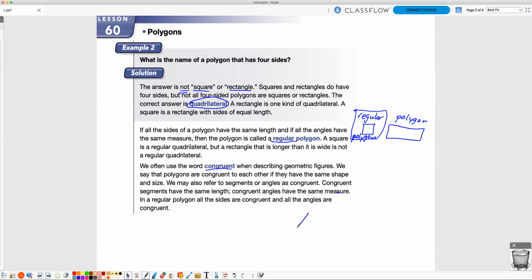So if it's an equilateral triangle, all the sides are the same length and all the angles are the same. In a regular polygon with the special name square, all the angles are the exact same measure and all the sides are the exact same length. They're congruent.